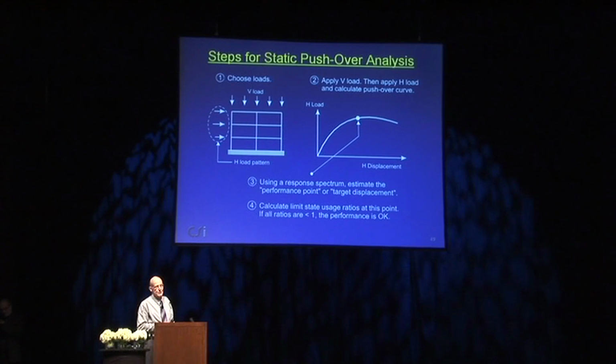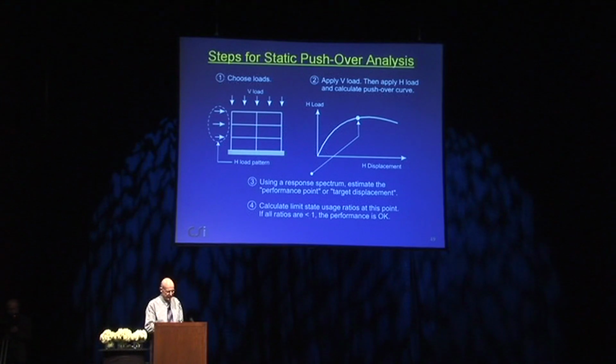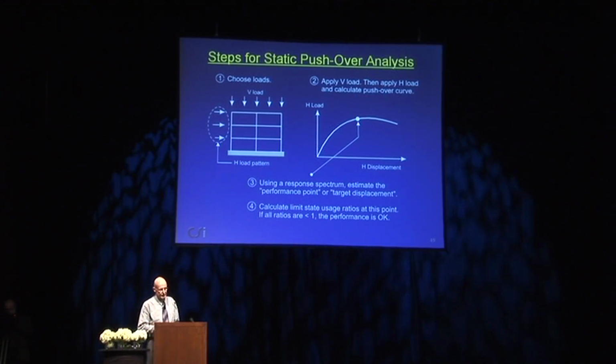This is your best estimate of whereabouts along this curve the deformations would correspond to an actual earthquake. The way you get this is using a response spectrum. This is the representation of the earthquake. At this point, you calculate the limit state usage ratios, and you check to see if they're less than 1. So two main steps: calculate the pushover curve and calculate the target displacement.